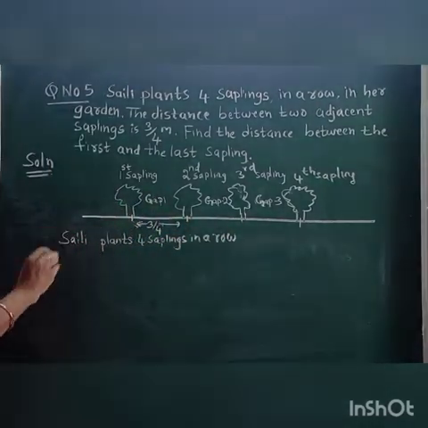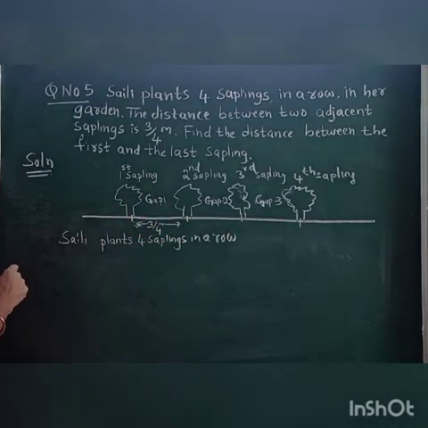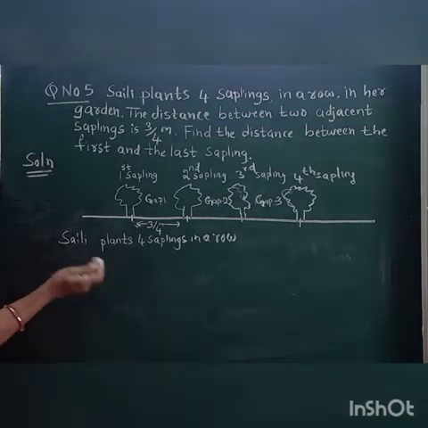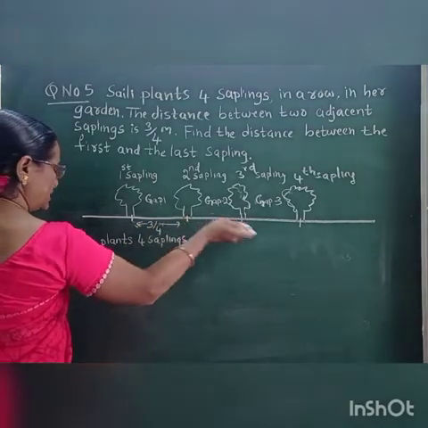Distance between 2 saplings is 3 by 4 meters. And it can be observed, how many gaps are there? 3 gaps.